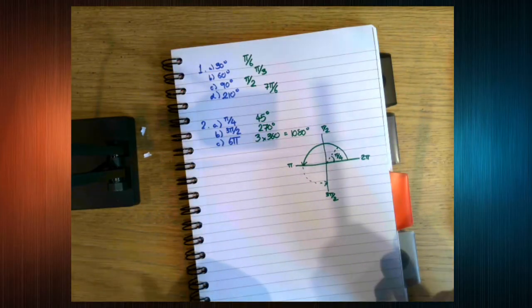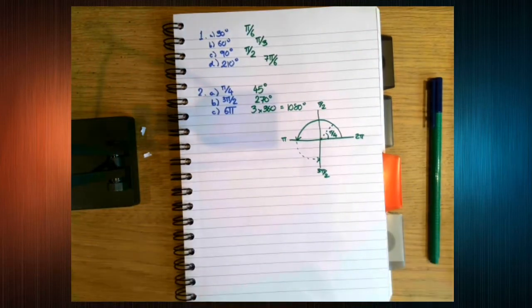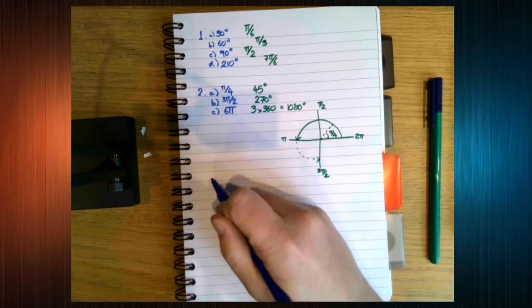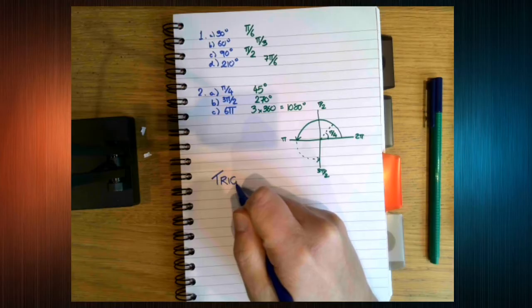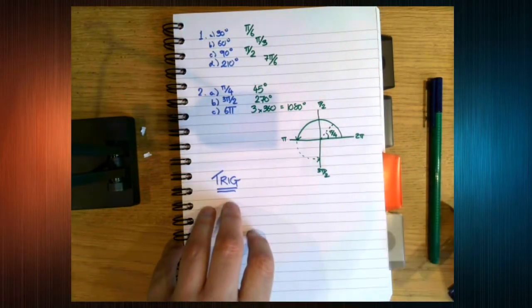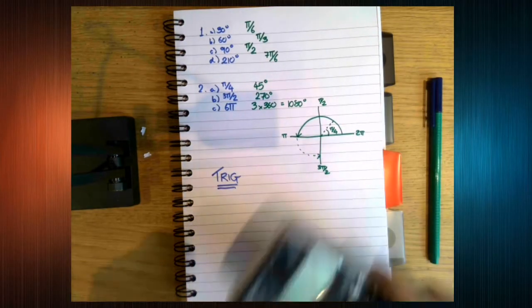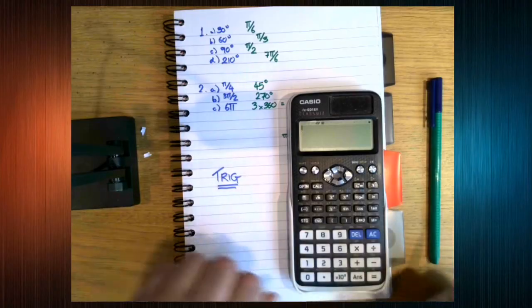The next thing we need to look at is how we use our calculator. Because we're dealing with angles, it inevitably involves trigonometry, which is the most important thing for radians. That's a lot of the reason why we use them. Now, this is very important as to how your calculator works.